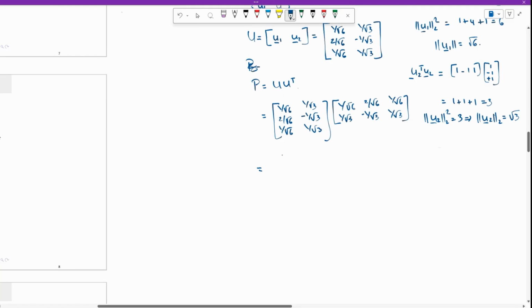If you multiply these out, what will be the shape of the matrix that you get if you multiply these two? Sure. Okay. What will be the first element?